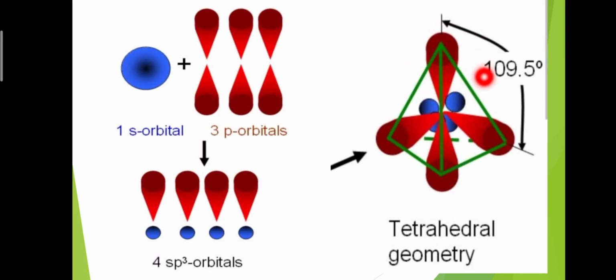The hybrid orbitals form tetrahedral geometry due to the hybridization of one s and three p orbitals. The s, that is 2s1 of carbon, and the three p orbitals, that is 2px1, 2py1 and 2pz1 orbitals, hybridize together to form 4 sp3 hybrid orbitals, and form tetrahedral geometry.